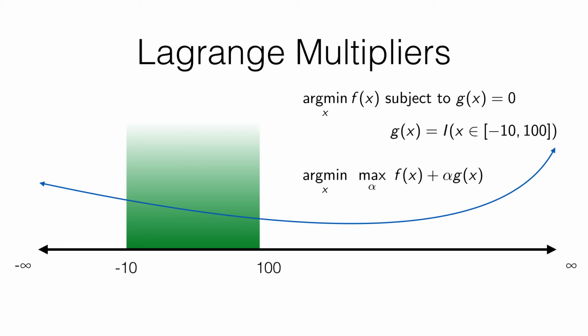We're the minimizing player trying to minimize the function as much as possible, but there's another maximizing player, this bad guy who's messing around with the alpha value. The bad guy says, I'm going to make you pay as much as I can, while we're trying to pay as little penalty as possible.